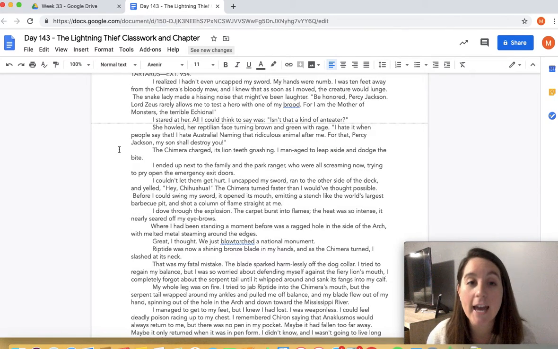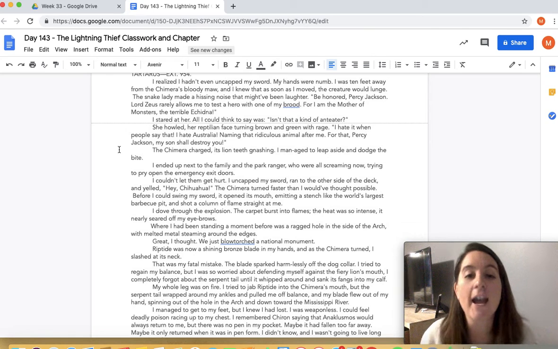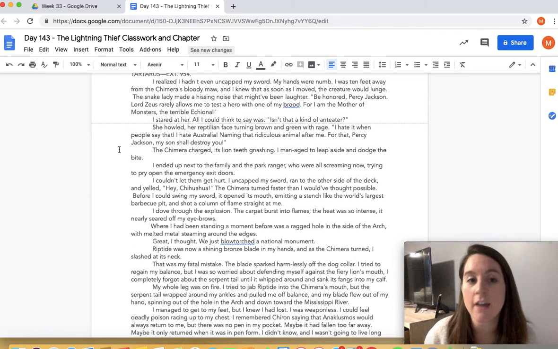I realized I hadn't even uncapped my sword. My hands were numb. I was ten feet away from the Chimera's bloody maw, and I knew that as soon as I moved, the creature would lunge. The snake lady made a hissing noise that might have been laughter. "Be honored, Percy Jackson. Lord Zeus rarely allows me to test a hero with one of my brood, for I am the mother of monsters, the terrible Echidna."